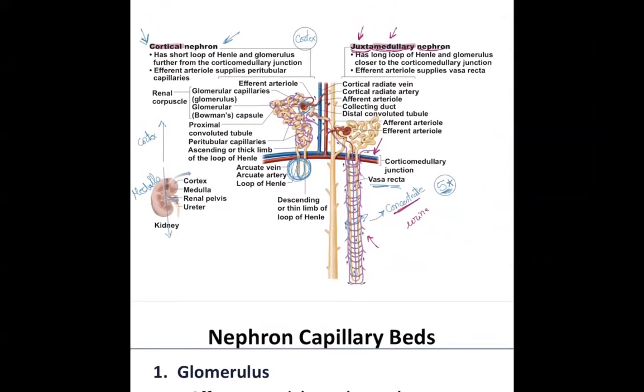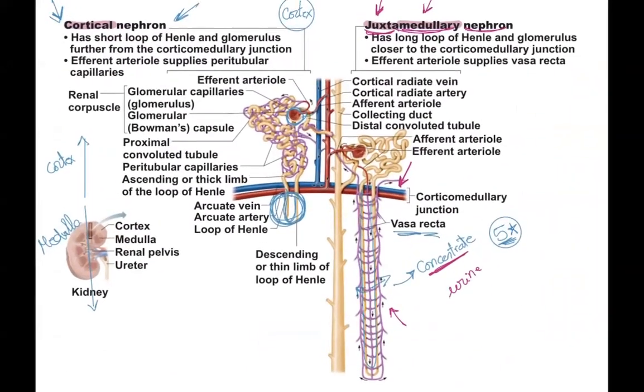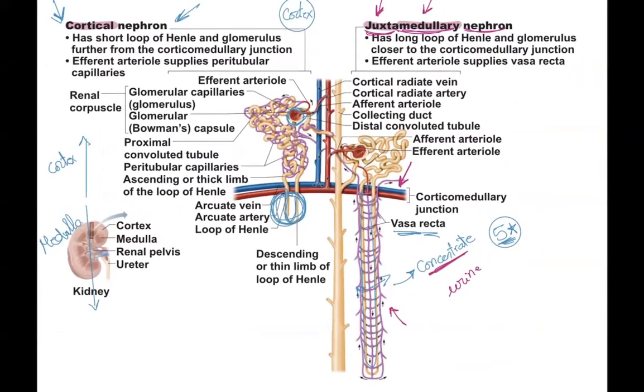A more complicated, but again, a must be on your test is going to be the diagram showing the two different types of nephrons. If you remember, you have 1 million nephrons per kidney. We do have two types, cortical type and juxtamedullary nephrons type. Cortical nephrons, if you remember, represent most of the nephrons in the kidney.